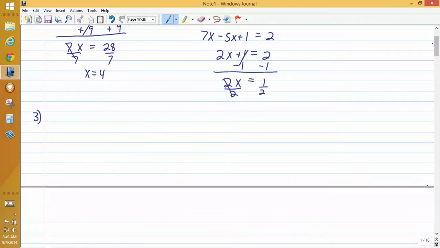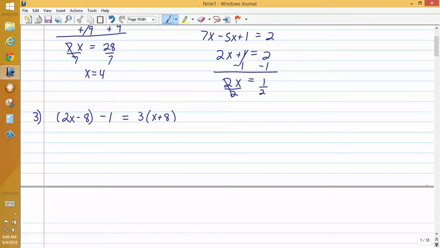Number 3, 2x minus 8 minus 1 equals 3 times x plus 8. There's nothing on the outside of this first parentheses, so you can just drop that parentheses.